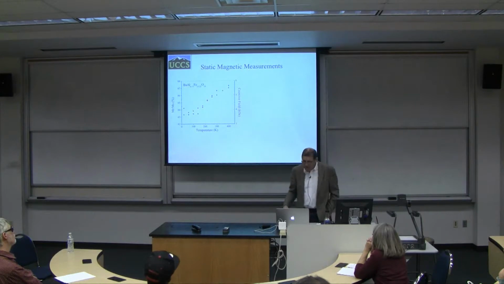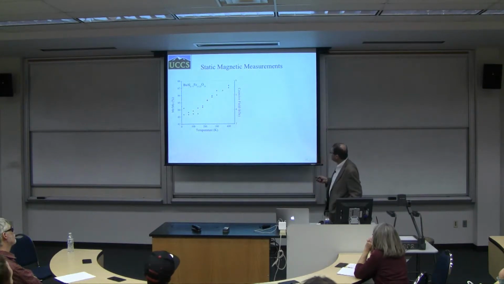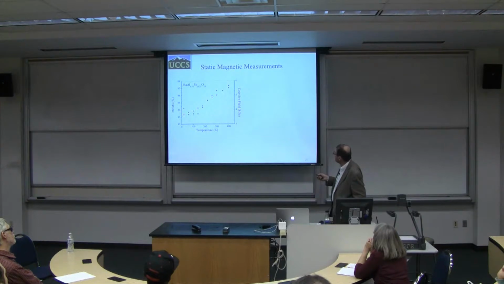What is shown on this graph is the ratio of MR, remanence magnetization, versus saturation magnetization. You can see that for this particular sample, as a function of temperature, we did measurements from basically 4 Kelvin up to 400 Kelvin in this case.